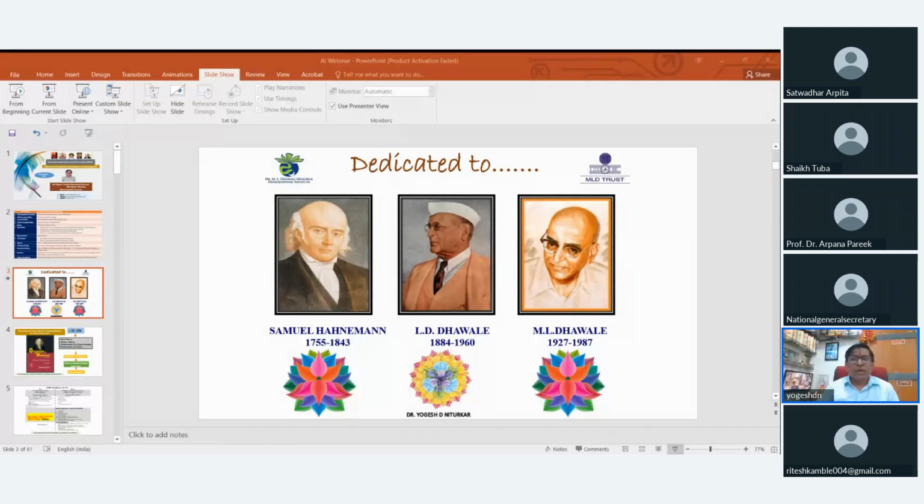As the slide was not moving, now the slides are moving. The importance of case reports in homeopathy, a case-based approach. In this, we can understand that Hahnemann had given various guidelines pertaining to case taking, also known as history taking, or examination of a case of disease, or examination of the patient.